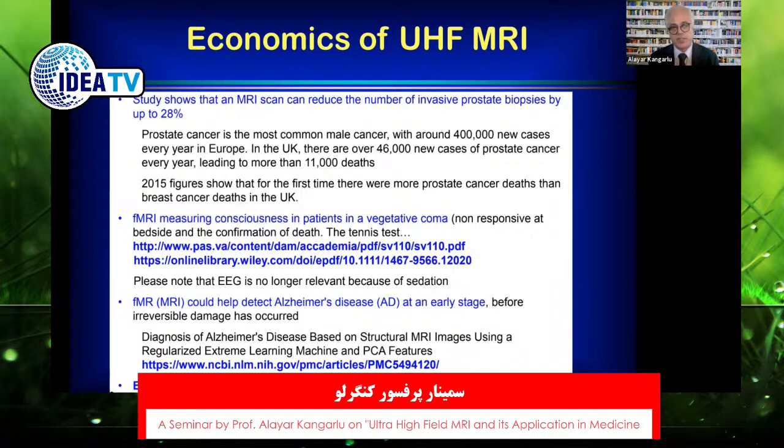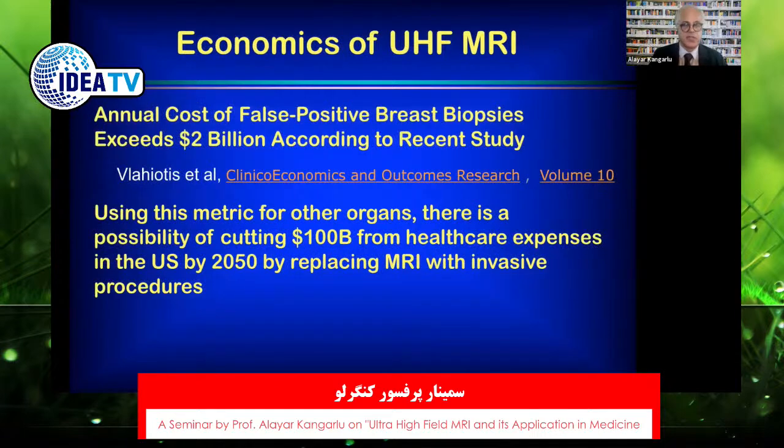In Alzheimer's disease, it has been shown that fMRI at high field, at 3 Tesla and higher, can show the early stages of Alzheimer's, before it gets to the irreversible damages, and fMRI can play a very important role to empower the neurologist in dealing with the particular issue.